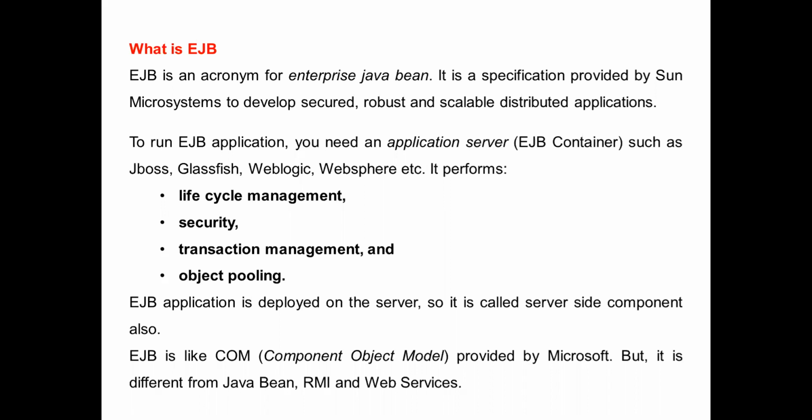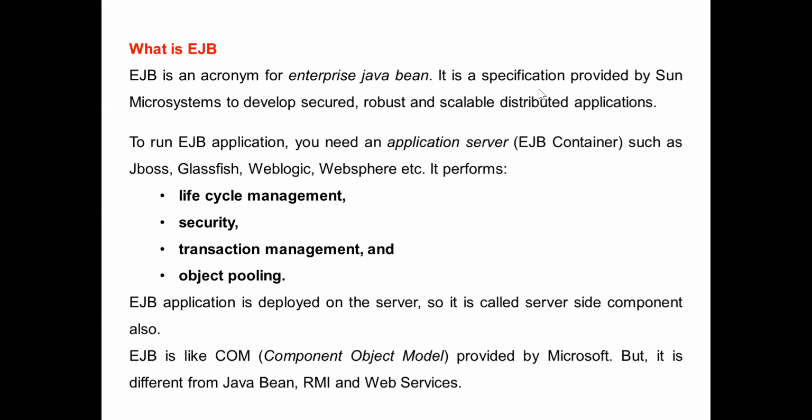When the EJB application is developed on the server, all the students should carefully note that EJB is used as a server side component, so it is called a server side component. And EJB is like a COM. What do we mean by COM?